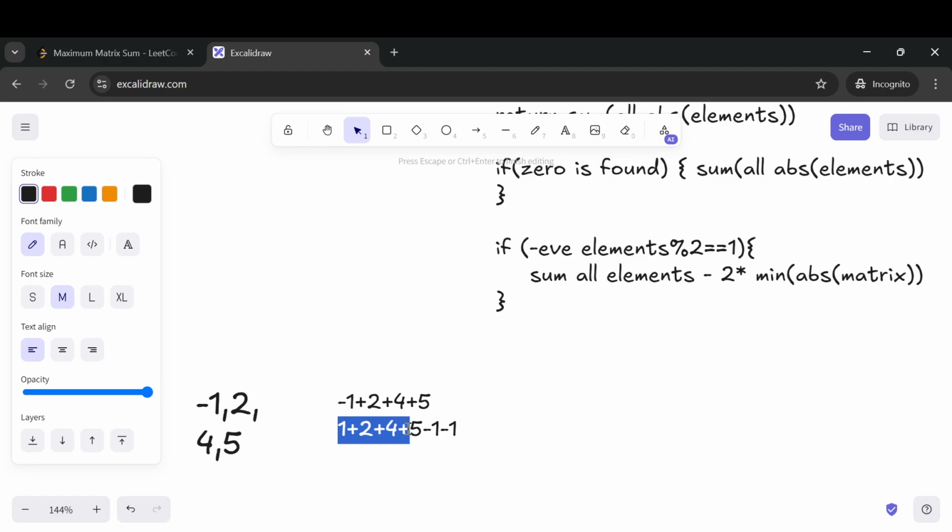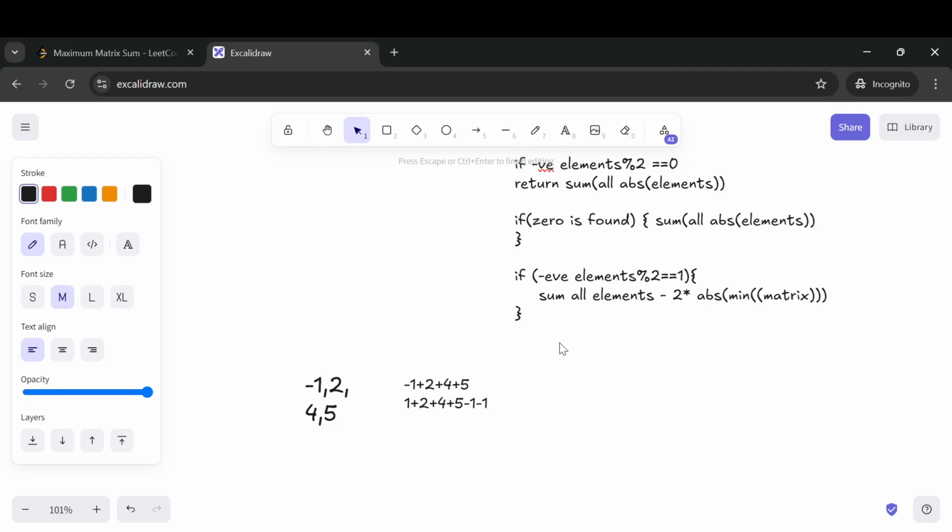So this is basically the summation of all absolute elements in that matrix minus 2 times the minimum of absolute values of that matrix. So that's pretty much it.